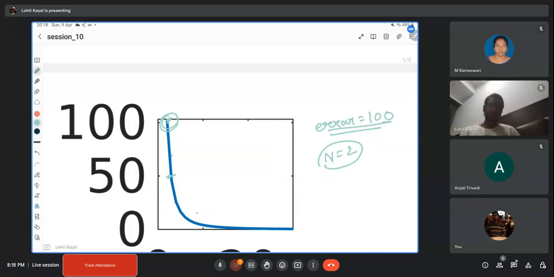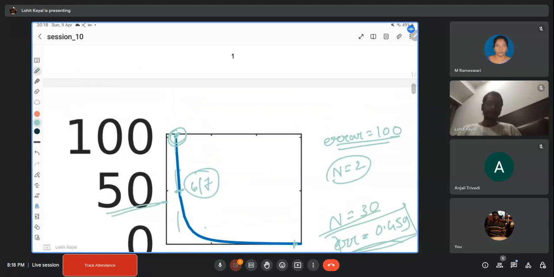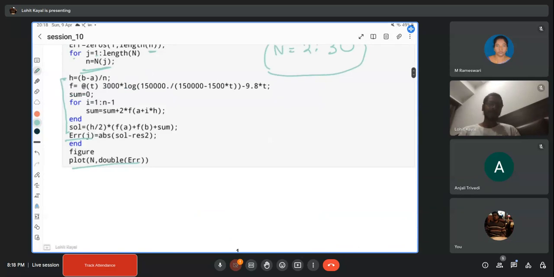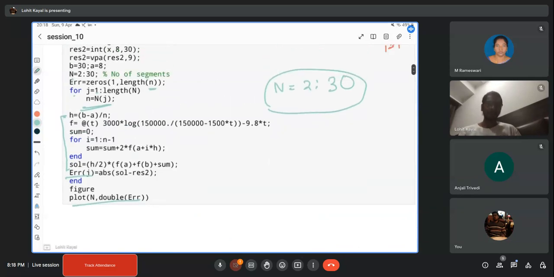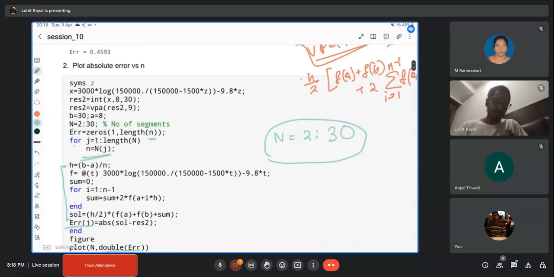Even at 6 or 7 segments, the error is sufficiently large, but when n equals 30, the absolute error comes down to 0.459. This is a significantly small number, and we can accept that. So try this for different kinds of functions. In the next example, let me erase this also.